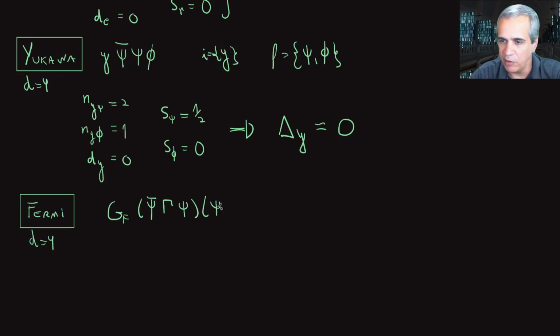So you have 4 fermionic fields, and gamma, this big gamma here, not to be confused with the 1PI functions, is some Dirac matrix, or combination of Dirac matrices. So a particular example could be gamma^mu here, in a way that all the Lorentz indices are contracted. You don't have any stray indices.